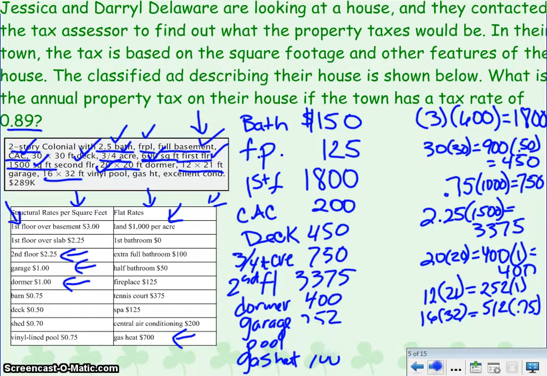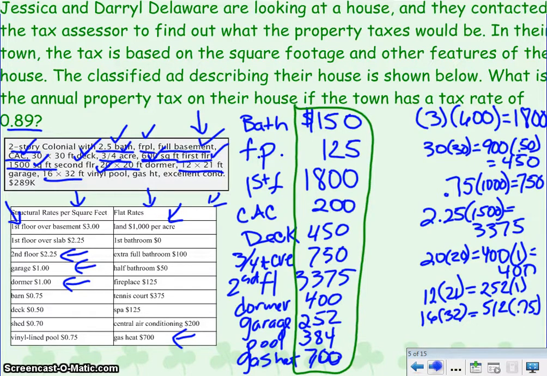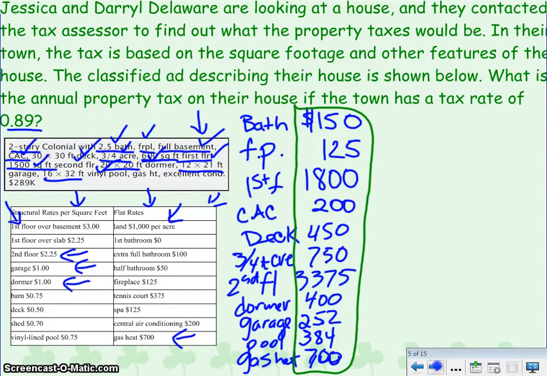Now, last step, I need to go ahead and add all of these values together. I'm going to take all of these values here and I am going to add them together. And I'm going to erase this so that we can do one more calculation. When I add everything together, I actually get $8,586.